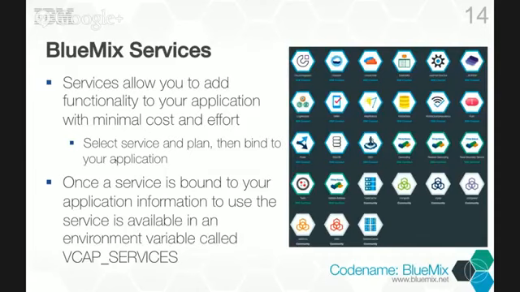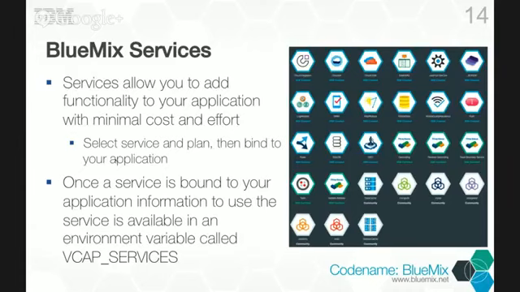But basically, like I said, the basic pattern you want to follow is you select a service, the plan you want to use, and then you bind it to your application. So it's important to know what it means to bind a service to an application. All that really means is it provides you with an instance or some way of using that service. And when you bind a service to an application, it provides you with the credentials to access that service.